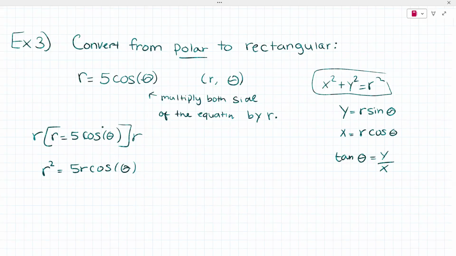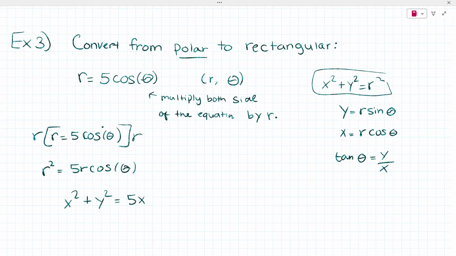So you can replace the left side, if we're going to use that formula, the left side is going to be x squared plus y squared. And I think we're going to replace r squared with 5r, or in our case, 5x, right?